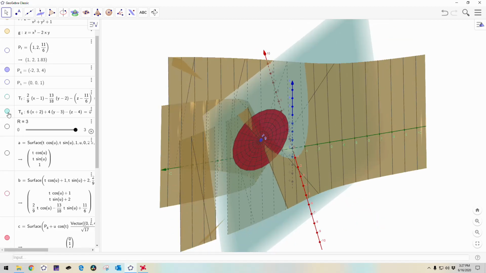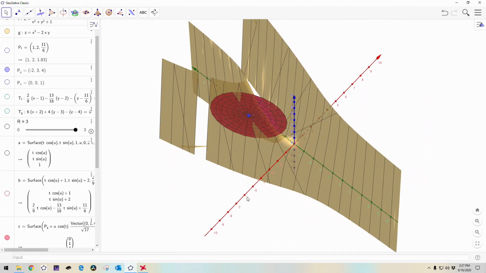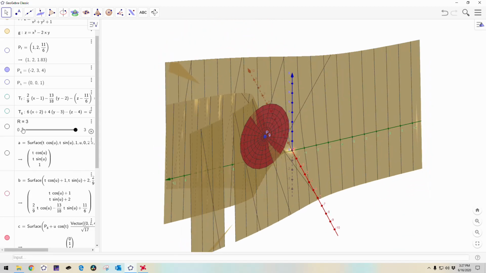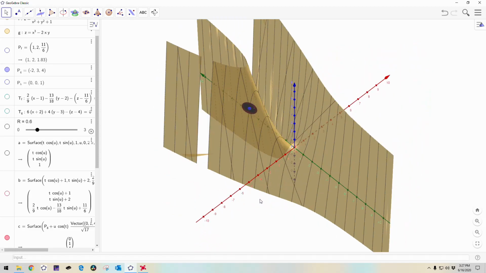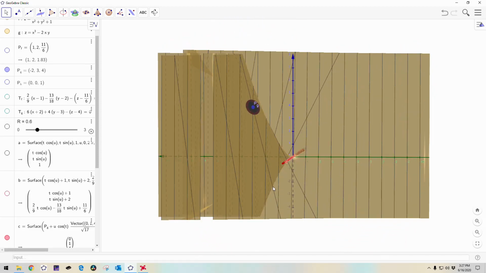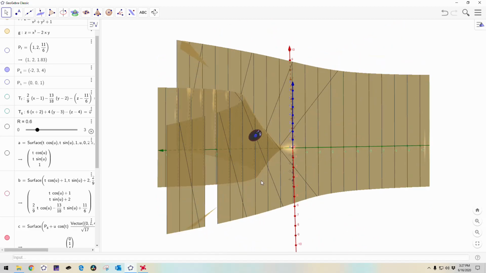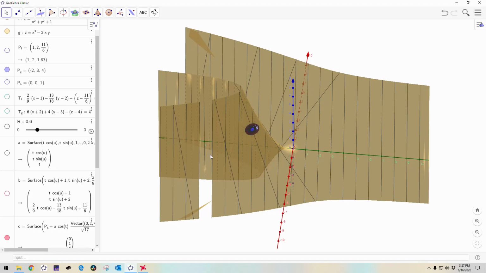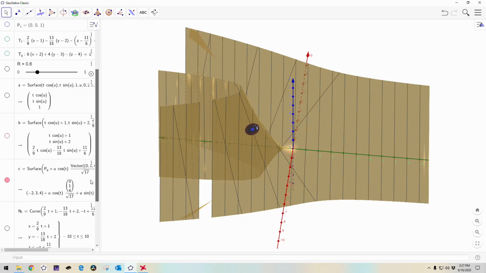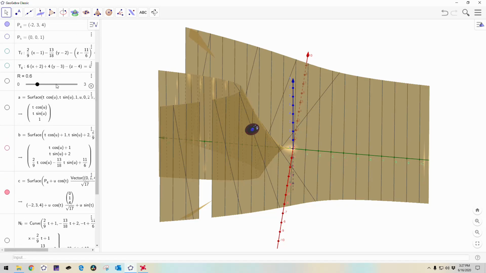So I can turn the tangent plane off, and that red circular or elliptical shape there is going to represent it. But again, we're only really interested in it when we're looking at a small portion of it that's close to the point. That's really going to be the part that we would use to approximate a function close to a point right there. And of course, you need higher techniques if you wanted to do a non-linear approximation. But this would be considered a linear approximation if you were going to use this tangent plane, not a larger version of it.